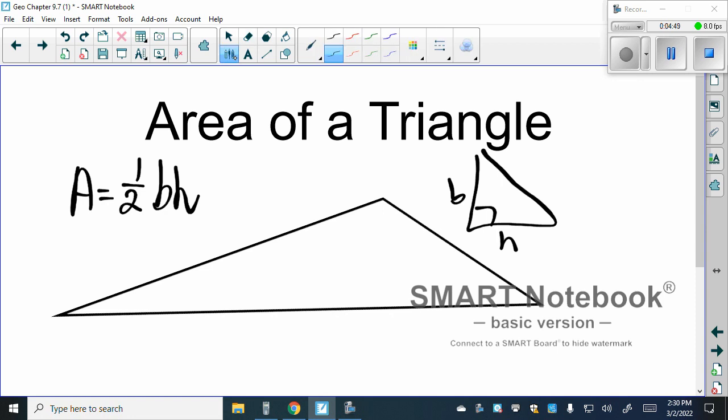But if we look at this triangle here, is that a right triangle? No. So this area formula works well if it's a right triangle. If it's not a right triangle, I have to actually figure out what the height is, dropping a line down from an angle to the other side to make a right angle with the opposite side, and then being able to find it from there.